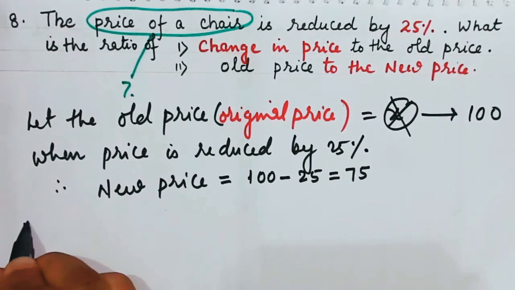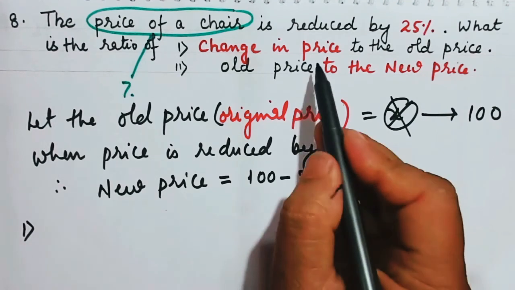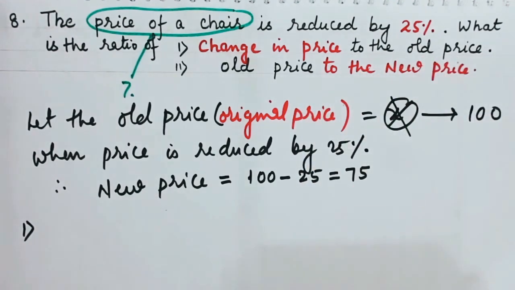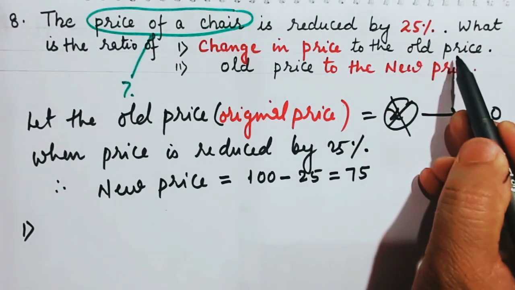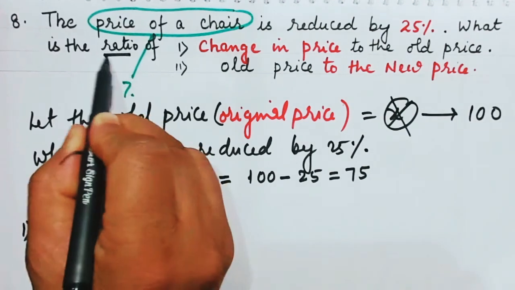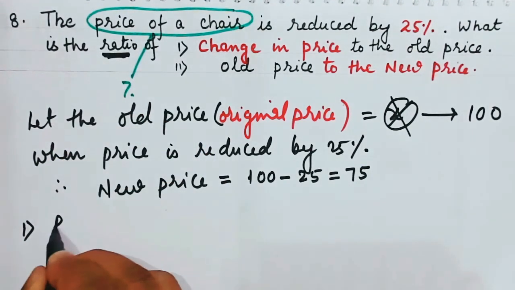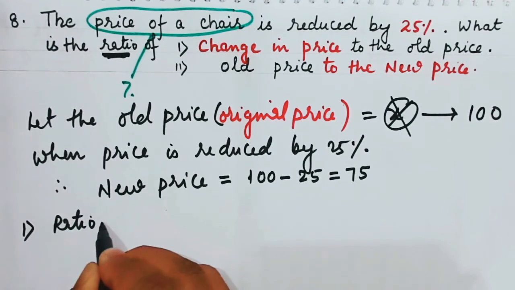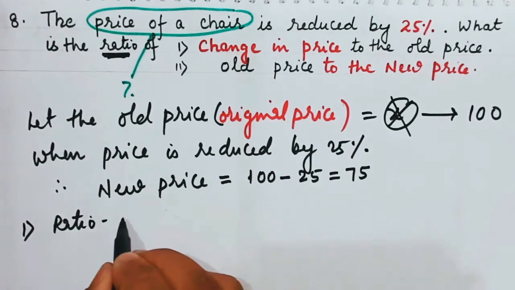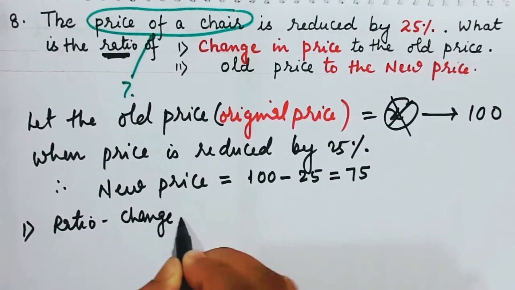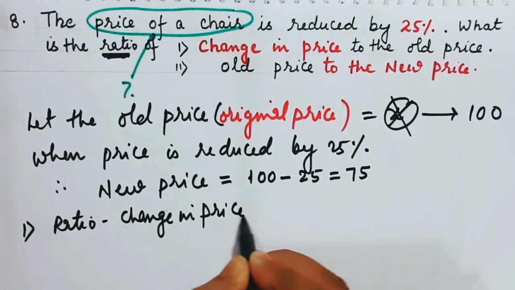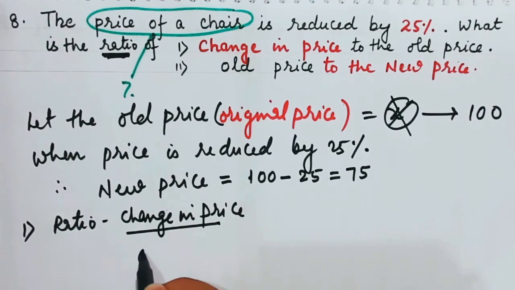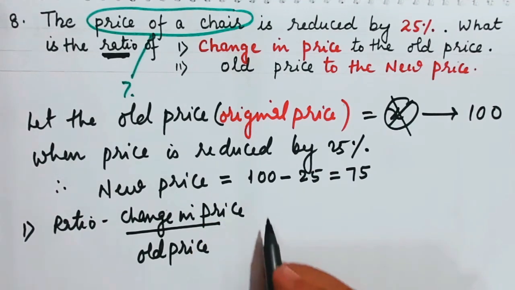So in number 1, they are asking you the change in price to the old price. Find the ratio. So since they are asking the ratio of change in price, let me write here, change in price by old price. So change in price is how much? Your change in price means the new price minus old price.